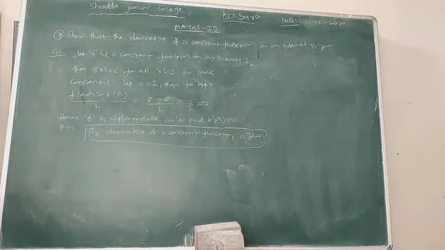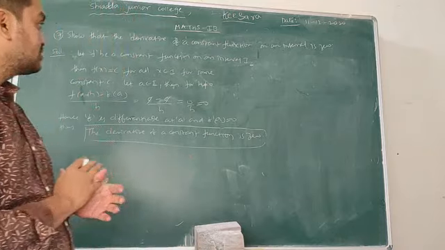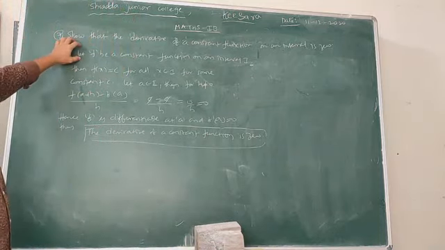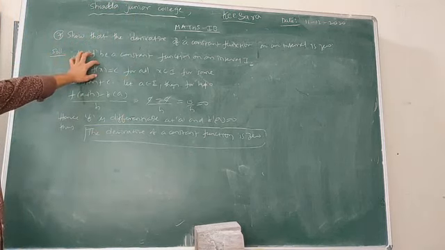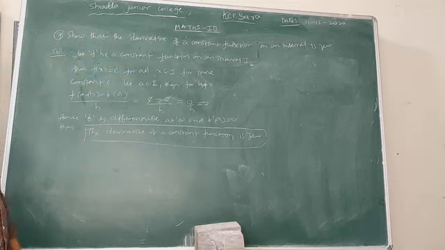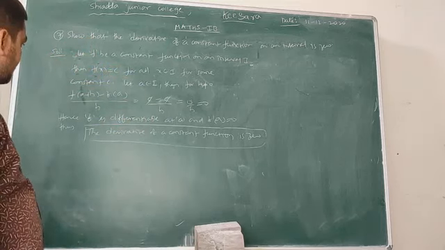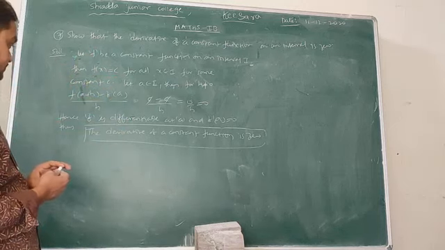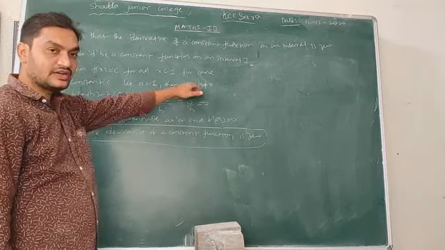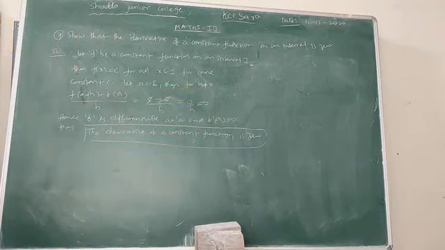Listen once again here. We have to prove that the derivative of a constant function on an interval is 0. Let f be a constant function on an interval, so f of x equals to c for all x belongs to capital I for some constant c, and a belongs to capital I, then for h is not equals to 0, f of a plus h minus f of a by h.